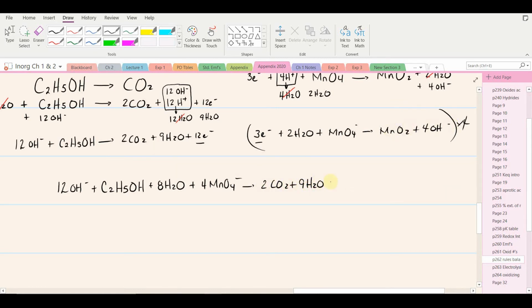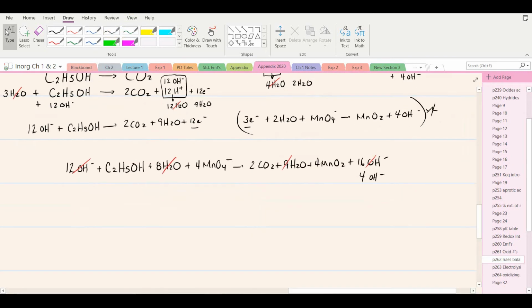And the other right side is 4 MnO2 plus 16 OH minus. So now I can just cancel anything that's on both sides, subtract 12 hydroxides, leaves me with 4 hydroxides on the right. I can cancel water, subtract 8 from both sides. I'm left with 1 on the right.